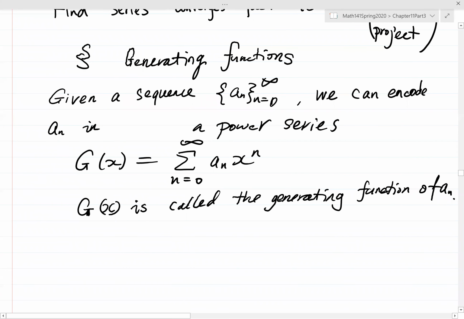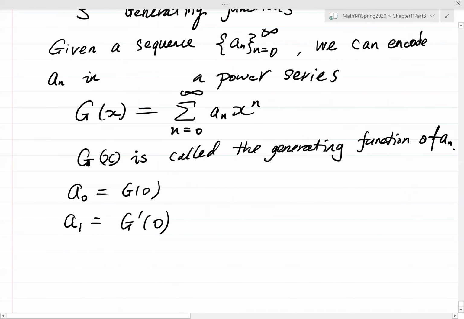First of all, we can recover a_n. We can decode it. We can find a_n from g(x). For instance, a_0 is g(0). Now a_1 is g prime at 0, but you need to be careful, divided by 1 factorial. a_2 is g double prime at 0 over 2 factorial.